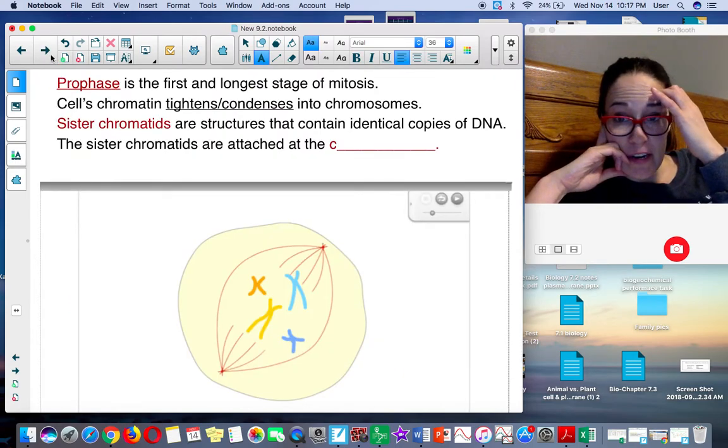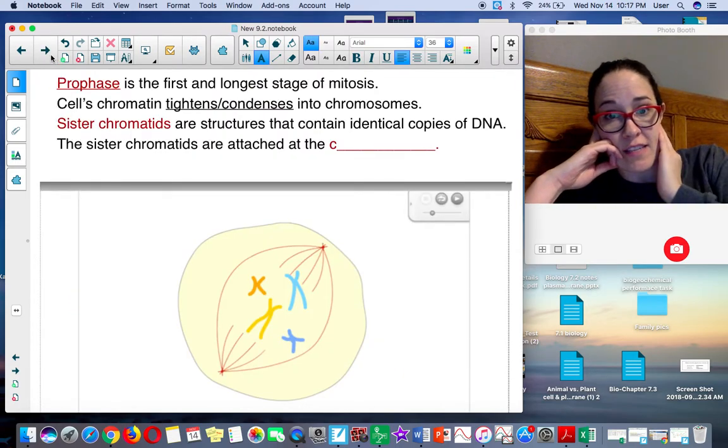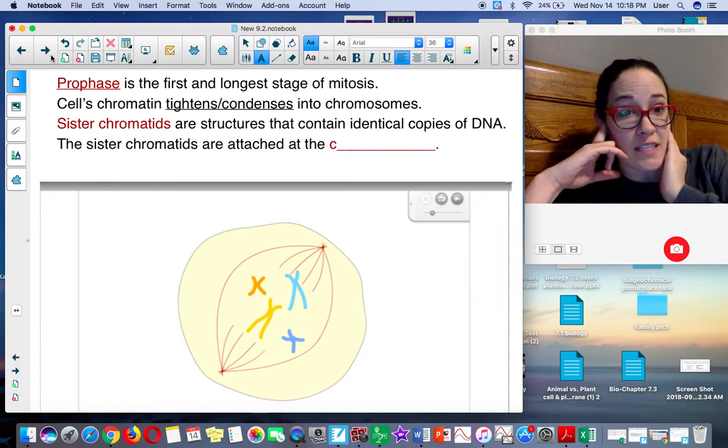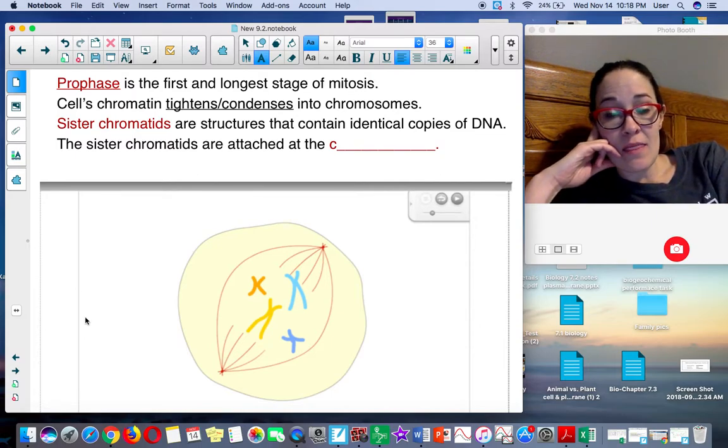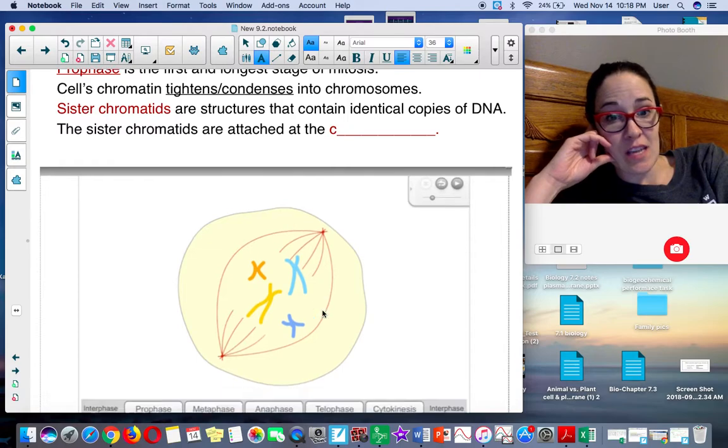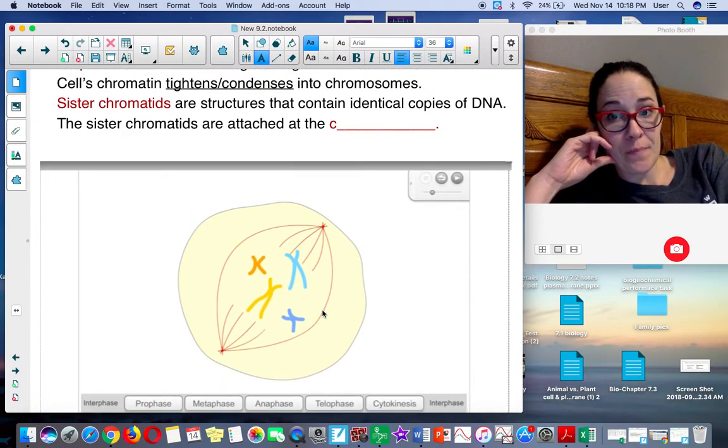The next picture here, this is a cell that's in prophase. It's the longest stage of mitosis itself, prophase, P-M-A-T, PMAT. The chromatin is no longer there, and we see chromosomes. In prophase, we see chromosomes appear.